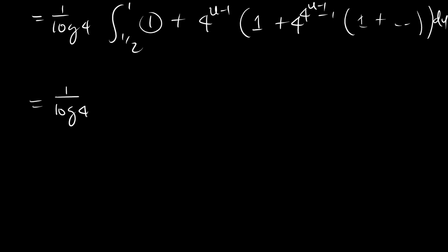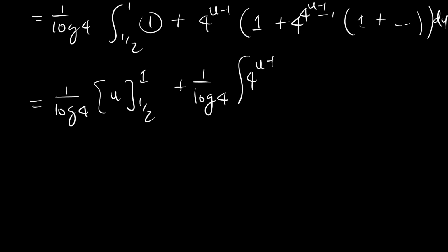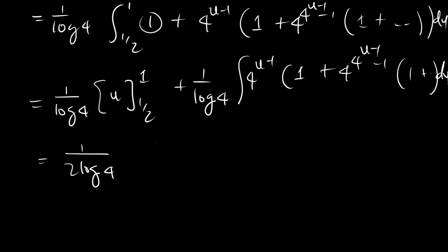we can solve this alone, so we have u, and then we have 1 over log 4, and we see that here we have 1 over 2 log 4 plus 1 over log 4 times the same integral, right?